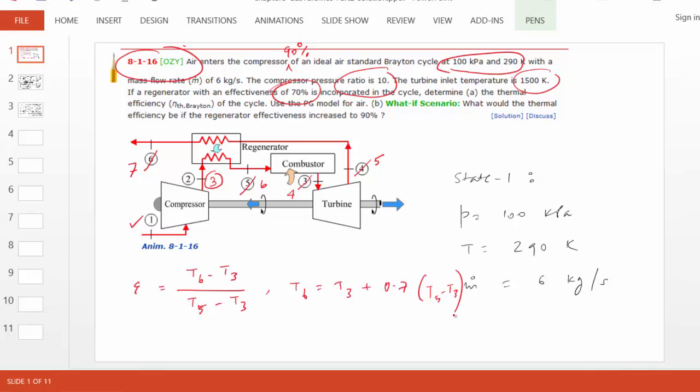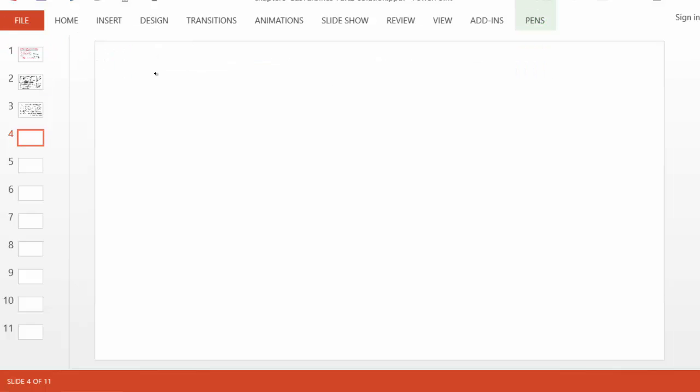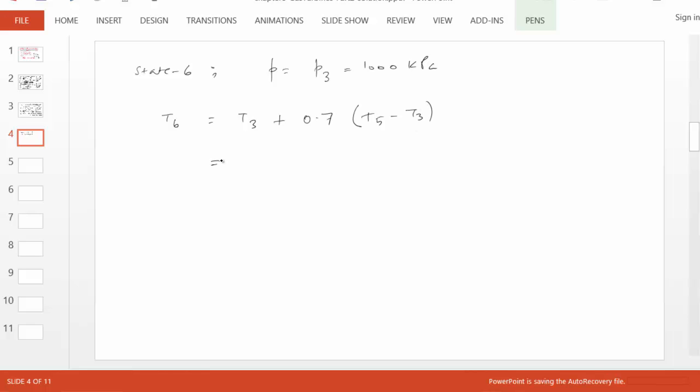Okay, so we'll write that equation on another page. We are trying to find state 6. Obviously, it has the same pressure as P3. There is no pressure loss in the heat exchanger, and the temperature T6 is given by T3 plus the effectiveness times (T5 minus T3), and we already know all these values.